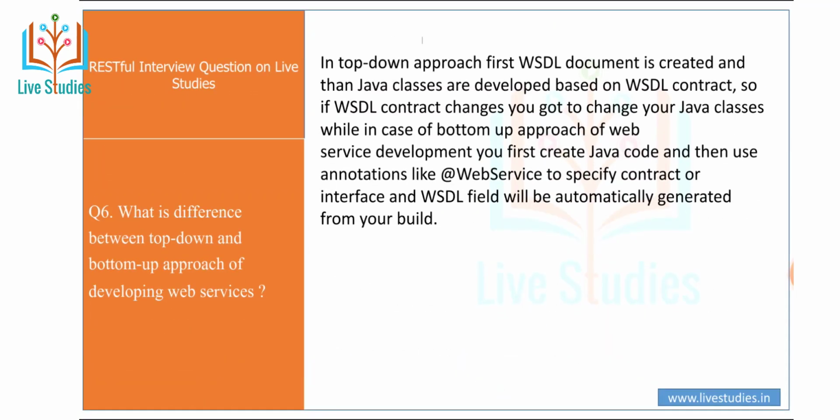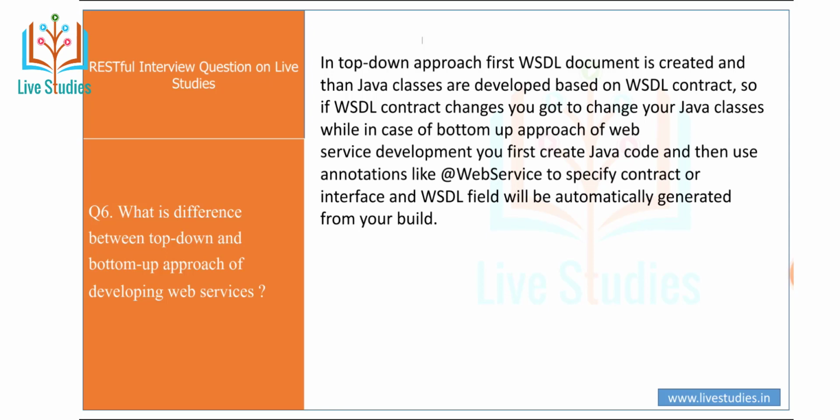Another question is, what is the difference between top-down and bottom-up approach for developing web services? Very important question. In the top-down approach, first the web services description language document is created and then Java classes are developed based on the WSDL contract.